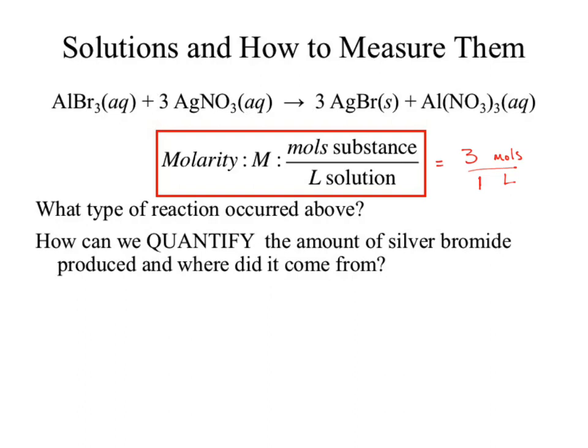Does it have to get written as 3 moles over 1 liter? No. How else could it be written? 1 liter over 3 moles. This is the same relationship, but now I'm using the conversion factor differently. Now what I'm trying to do is get rid of the mole unit so that I can end up with liters on top later on.